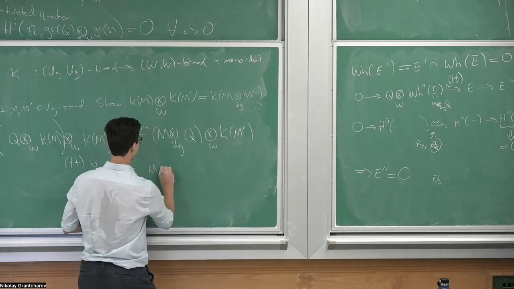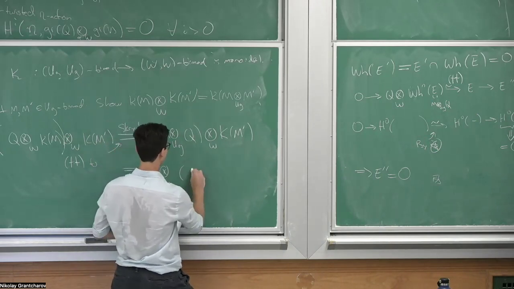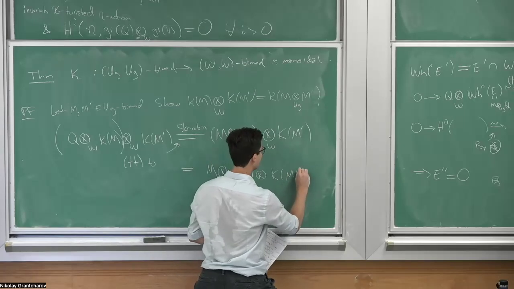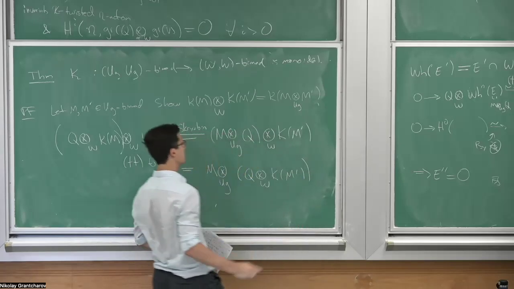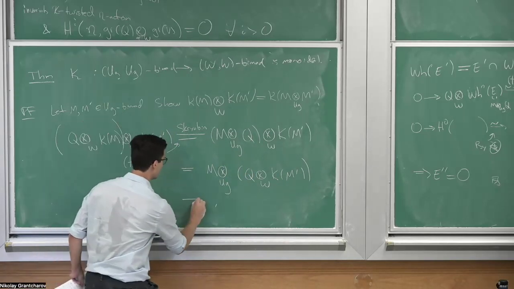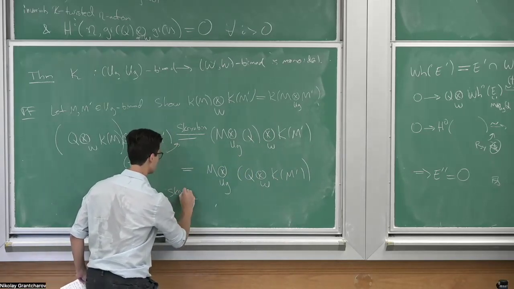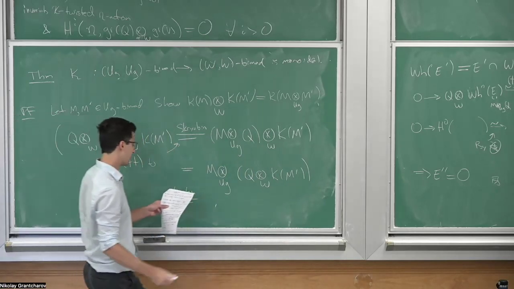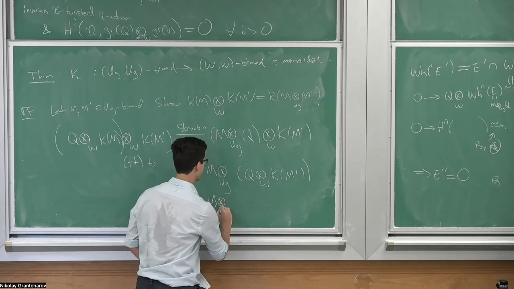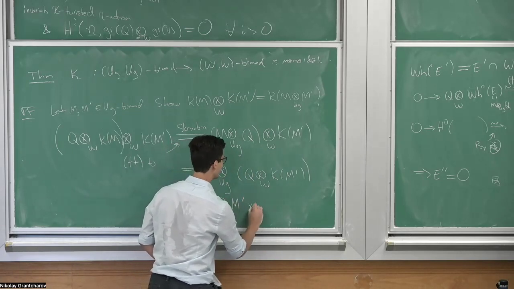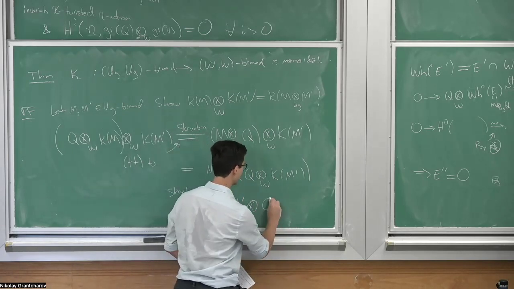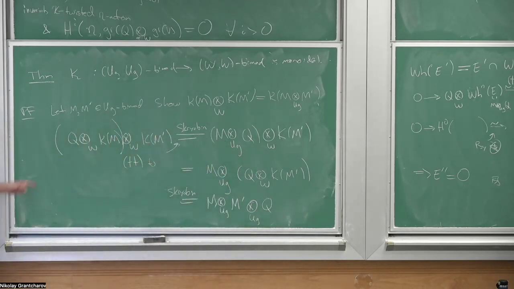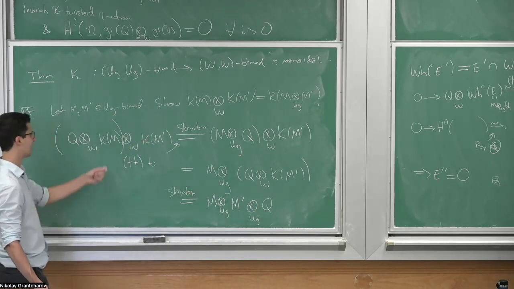This is the same thing as UG Q tensor kappa of M prime. So I've done nothing. Then again, Skryabin lets you rewrite this as M tensor M prime tensor, so we've moved Q to the other side and killed the kappa.